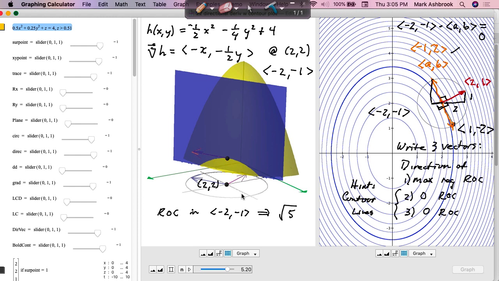That's 1, -2, right? X is 1, y is -2. So that's this vector right here. And you can see on the surface that you've got 0 rate of change in that direction. Does that make sense? You understand what you're looking at? Yeah. Cool. All right, so that wraps up directional derivative.